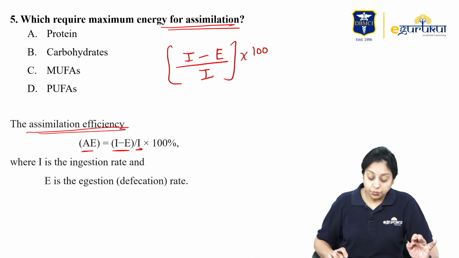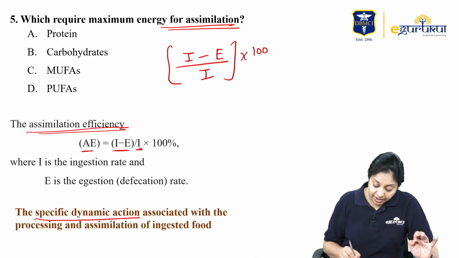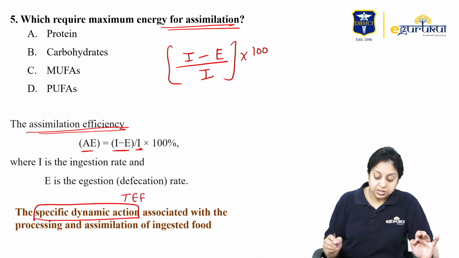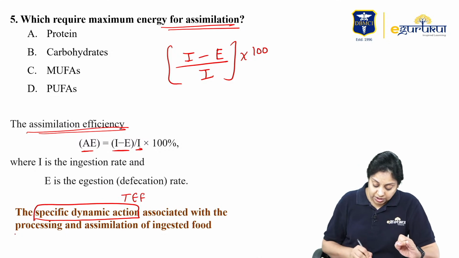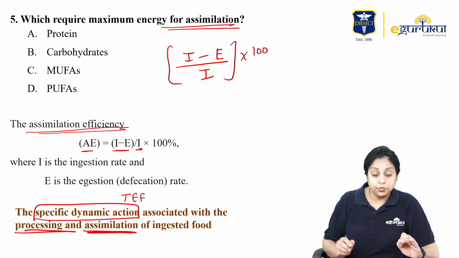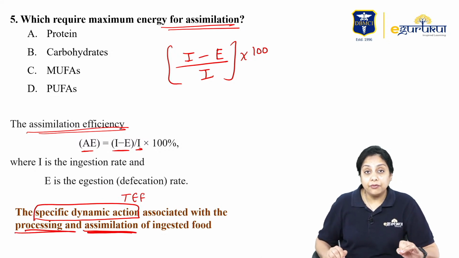We know the specific dynamic action, also known as the thermogenic effect of food. The specific dynamic action is associated with how we are processing and assimilating the energy, right?